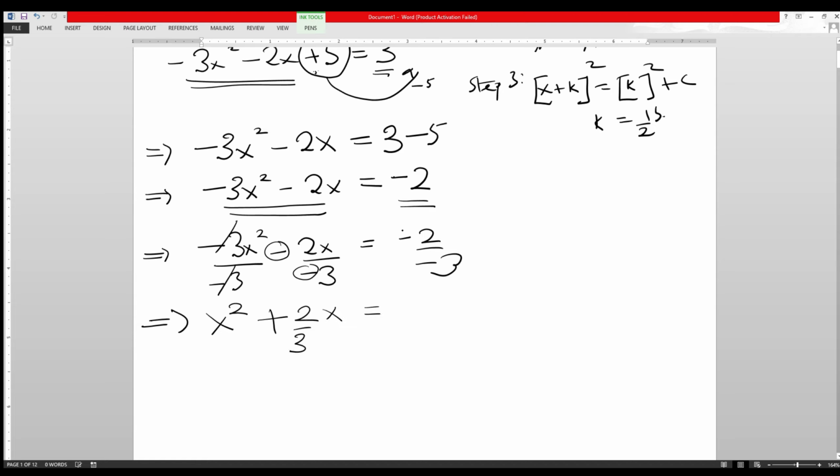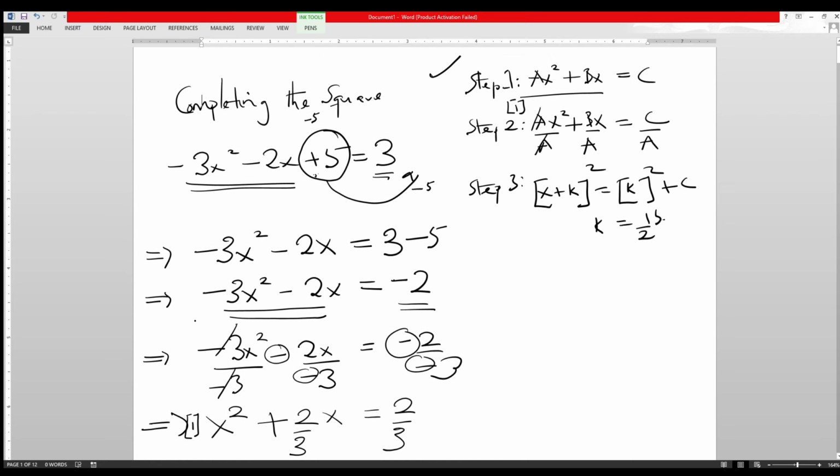And then similarly, negative divided by negative is going to give us positive 2 over 3. Okay? So looking at the equation now, the number in front of x squared is what? Is 1. So step 2 has been satisfied.